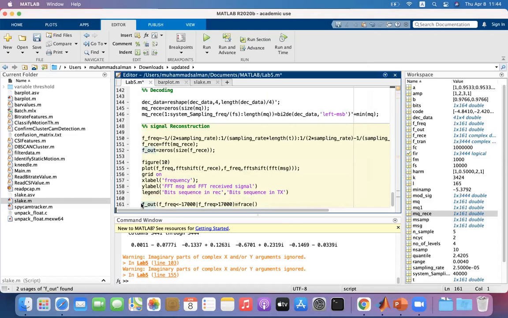So that's what I'm doing now. I did if the freq is less than 17,000 or greater than that, then I have the same condition again.